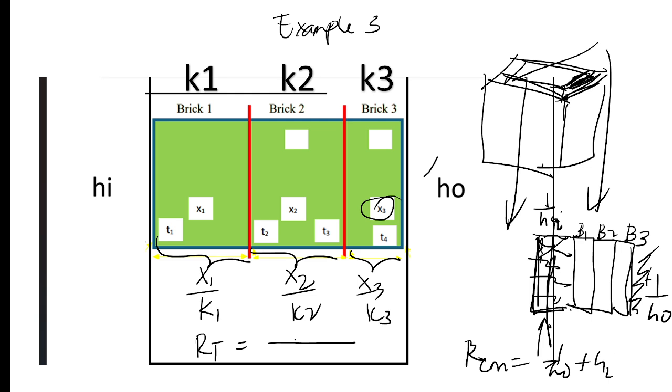I mean the resistance is this: 1 over HI plus X1 over K1 plus X2 over K2 plus X3 over K3 plus 1 over HO.